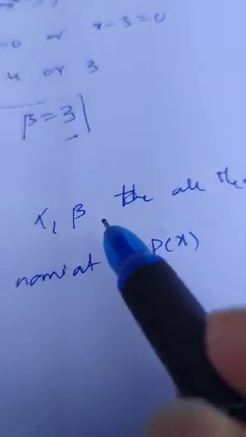I have given two zeros, alpha, beta. Suppose any two zeros are given for the polynomial p of x, then to find p of x, use this formula.